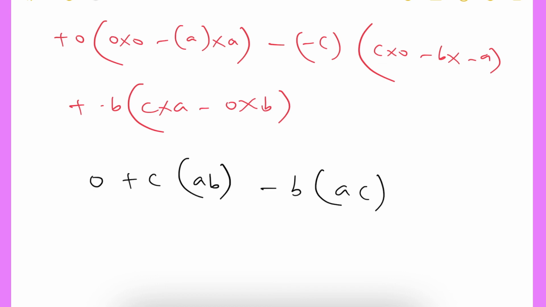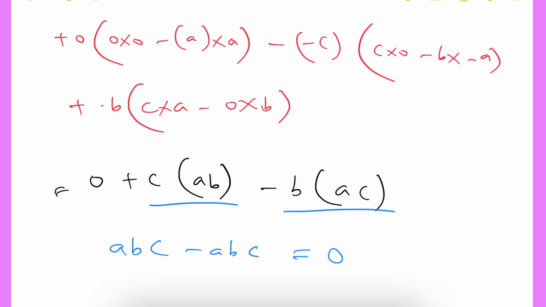Okay, now the final answer if we simplify: C into AB, ABC, minus B into AC, ABC. I wrote in order, ABC minus ABC, 0. So we proved that the determinant of a skew symmetric matrix of order 3 is always 0.